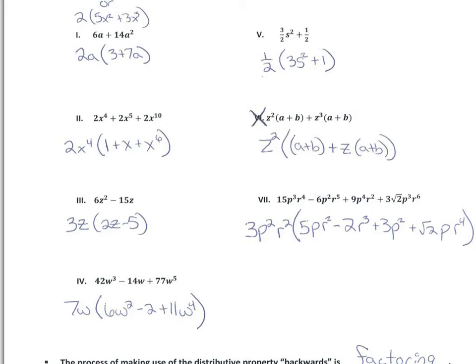Number 5, this one's a little more difficult because it's fractions. They both have 1/2 common. Okay? Now look what I did off to the side here a little bit. I have the 1/2 times something would equal 3/2. Kind of what I was doing before for numbers 1 through 4.